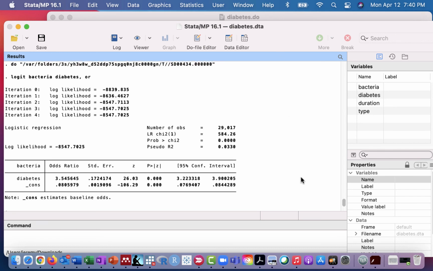Odds ratio 3.5, diabetics are 3.5 times as likely to have bacteria compared to people without diabetes.